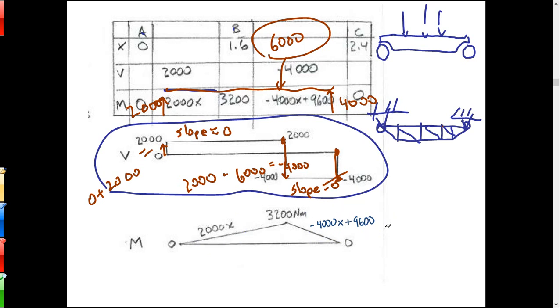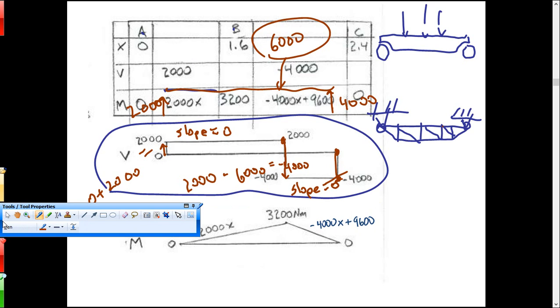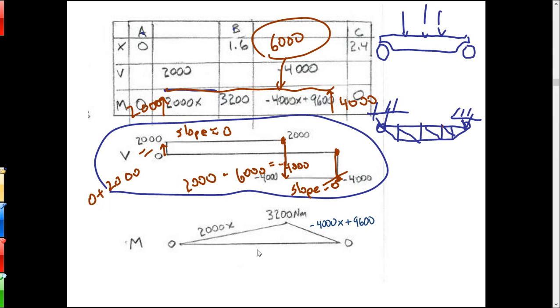Okay, now to make the next step here, what we do is we look at the area under the shear diagram, because the area under the shear diagram is the change in the moment diagram. Okay, so you just find these areas. So that first area is 2,000 times what? How far over is it? 1.6?